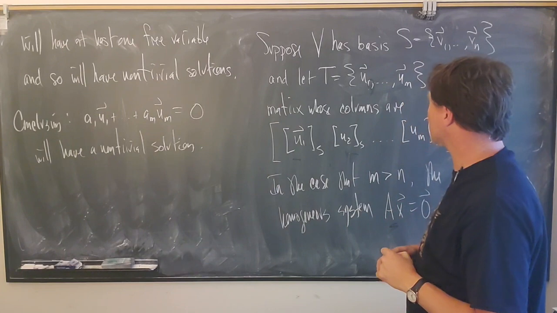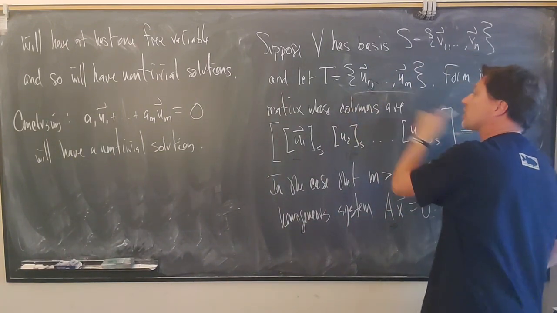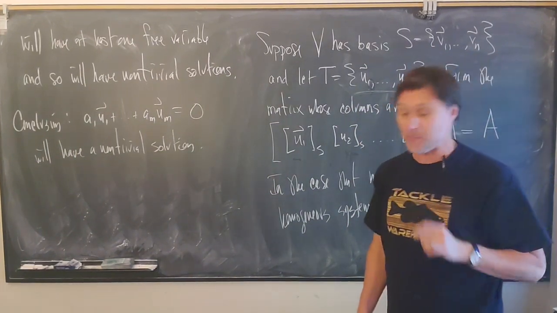So what does that tell us then? It tells us that that collection of vectors right there is linearly dependent.